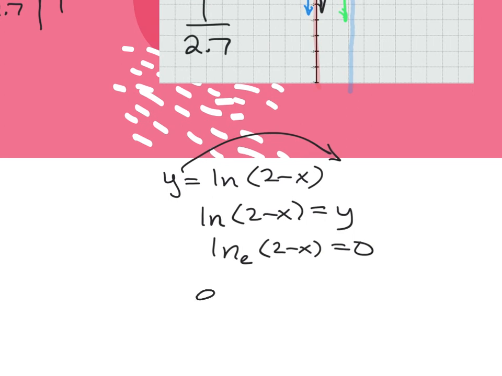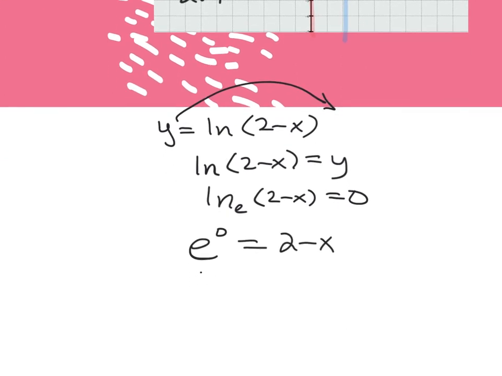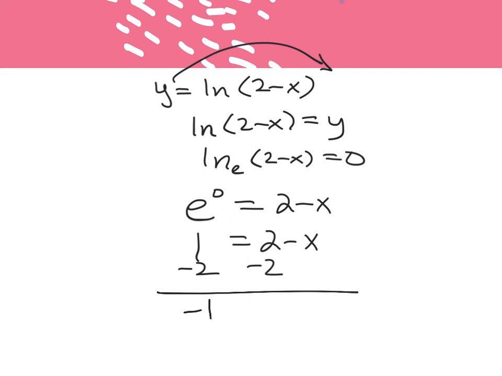So I'm going to be doing e to the 0 power equals 2 minus x. 1 equals 2 minus x. Subtract 2. Negative 1 equals negative x. Divide by negative 1. x equals 1. Your x-intercept is at the ordered pair (1, 0). So when you do this on the quiz, I'm going to want to see all this work.